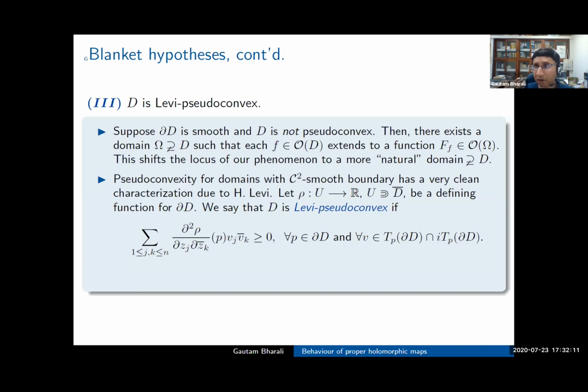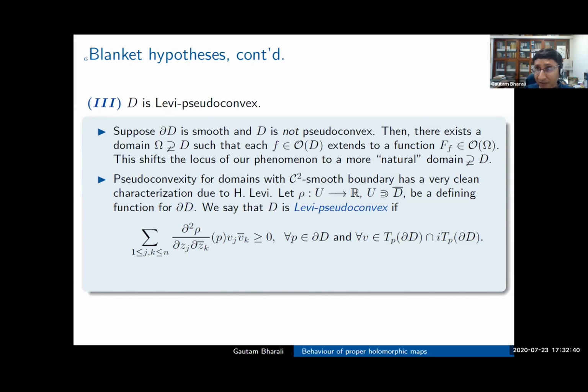Now, if I have a C2 smoothly bounded real convex body, then what I just said translates to saying that the real Hessian of the defining function for this convex body is positive semi-definite, not on the full vector space, but on the tangent space to the boundary at each point.